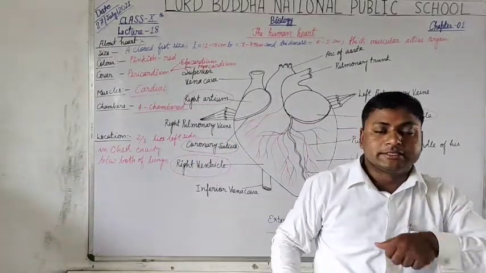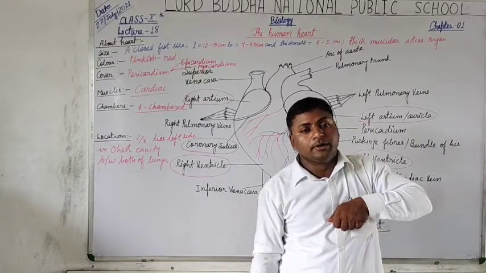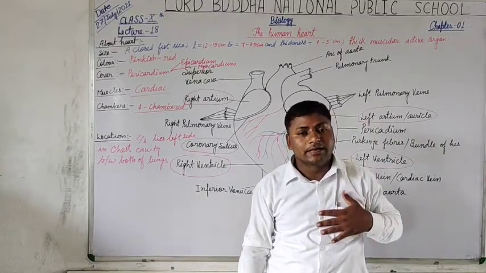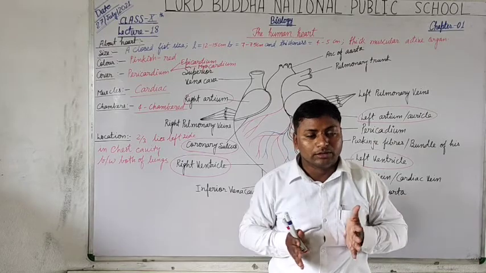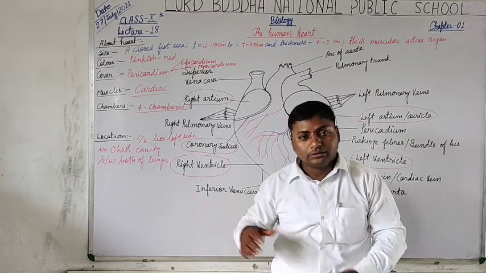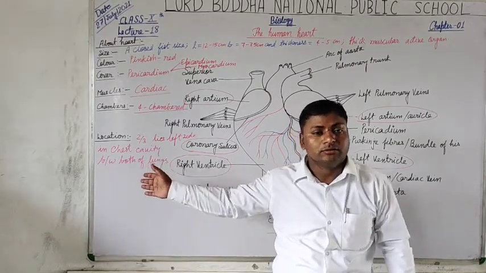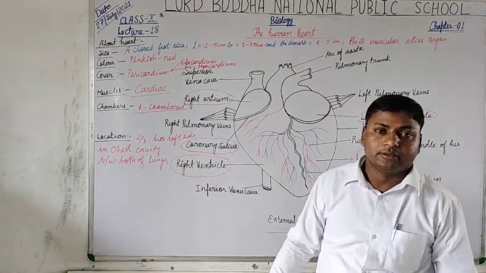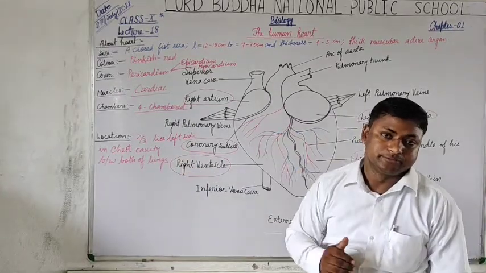The human heart lies with about 2/3 part on the left side in between both lungs, in the cavity that is called the chest cavity or thoracic cavity.